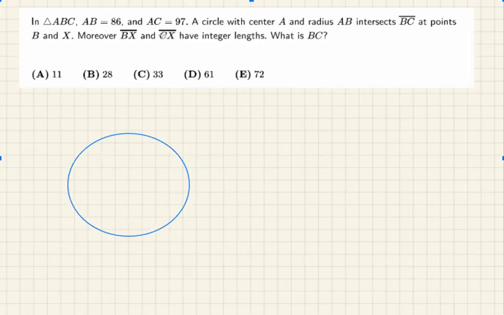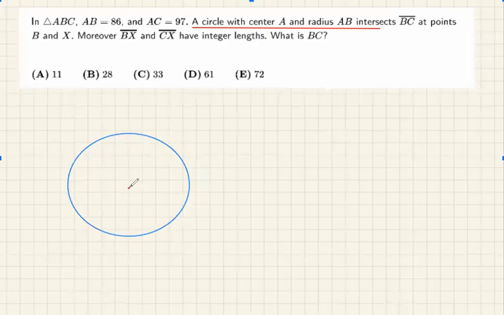So AB is given, and it says right here a circle with the center A, which means the center of the circle will be one vertex of that triangle.